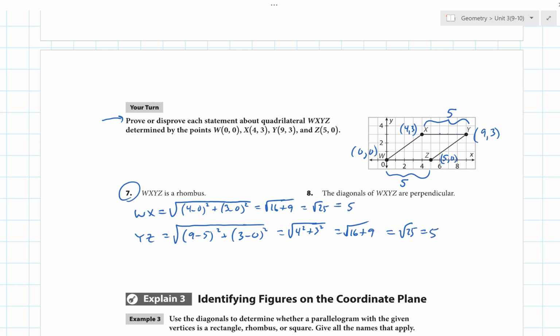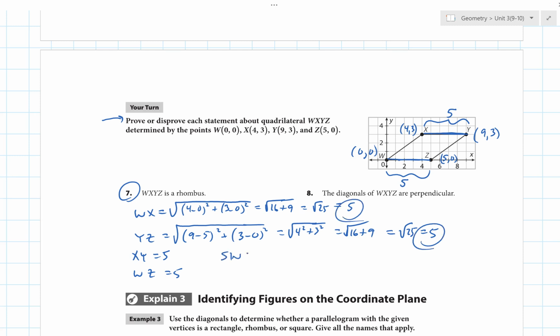So now we see that all four sides, we have XY is 5, we have WZ is 5. We could get those easily because those were just horizontal segments. And then we use the distance formula to find that these are also 5.